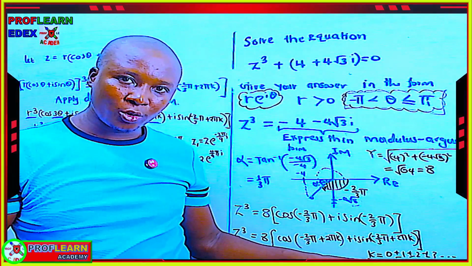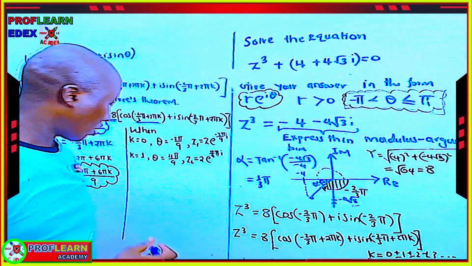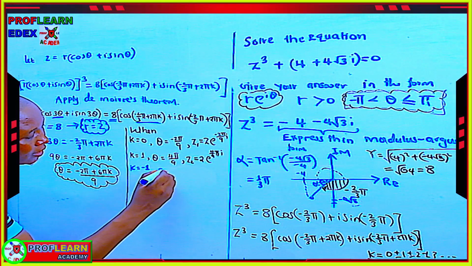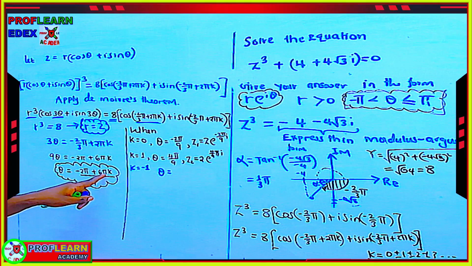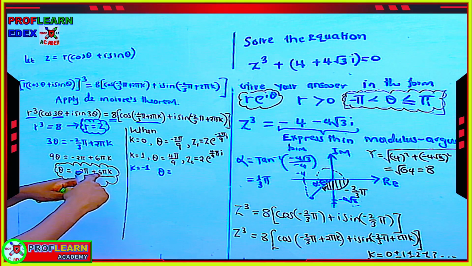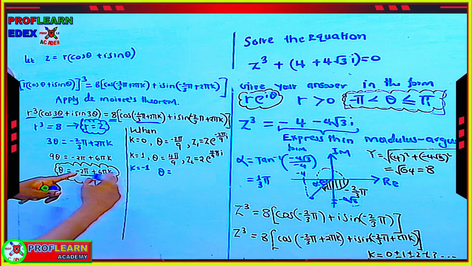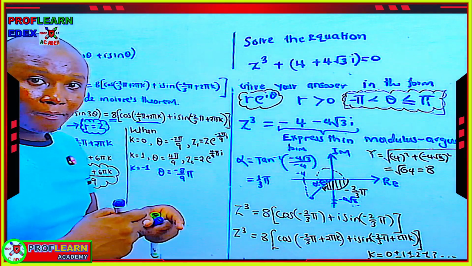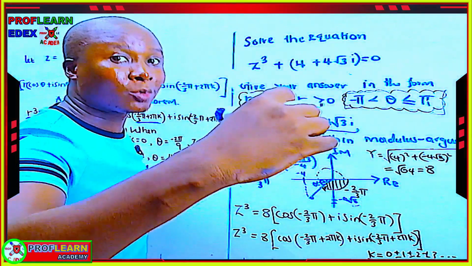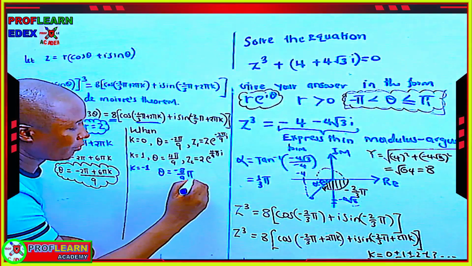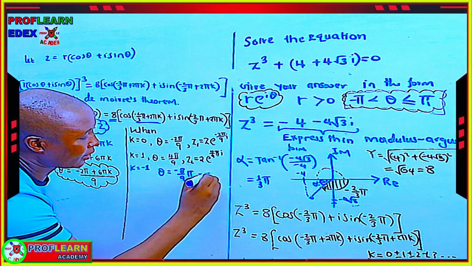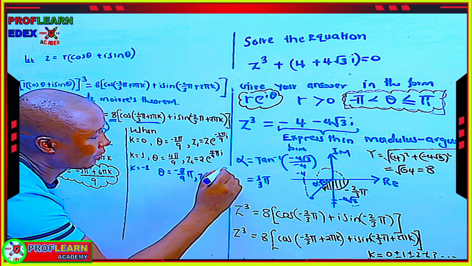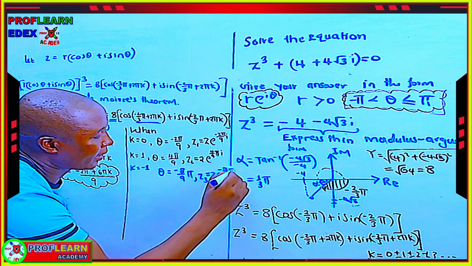So you need to resolve using negative 1. So we can use k equal to negative 1. Therefore theta is going to be negative 6 pi minus 2 pi, which is negative 8 over 9 pi. The same answer we got previously when we subtracted 2 pi. So therefore z3 in this case is going to be 2 e to the power negative 8 over 9 pi i.